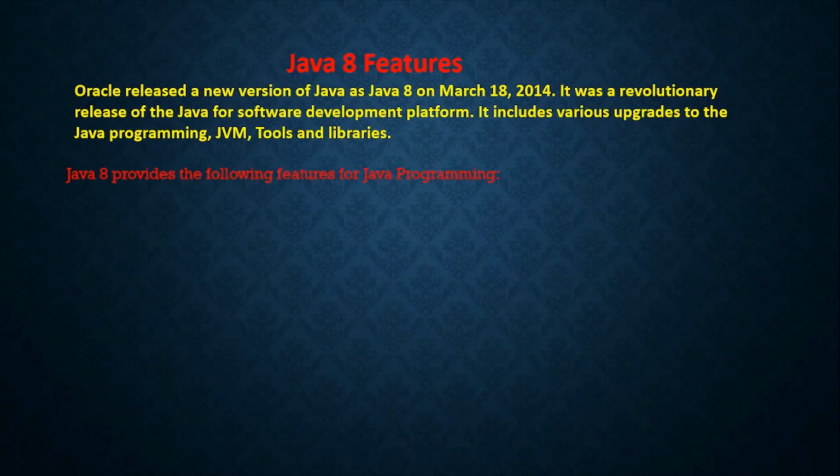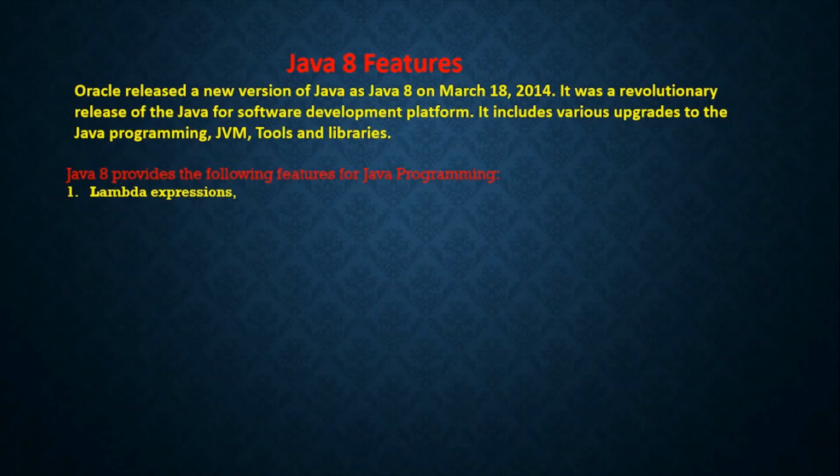So the first and foremost feature of Java 8 is Lambda expression. I will explain each and every feature of Java 8 followed by concrete examples. This feature comes as part of Java 8 to give the implementation to a functional interface.